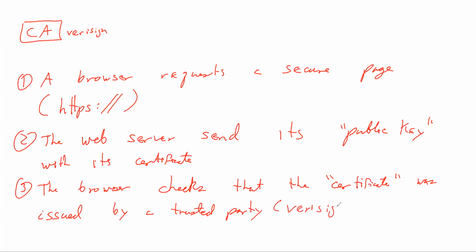Remember that they will have that information in their browser, the public key of VeriSign, so that anything signed by VeriSign with their private key can be authenticated with the public key. And remember that there's going to be a hash involved there as well.